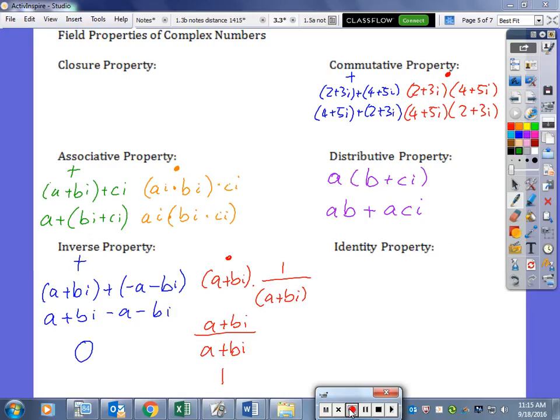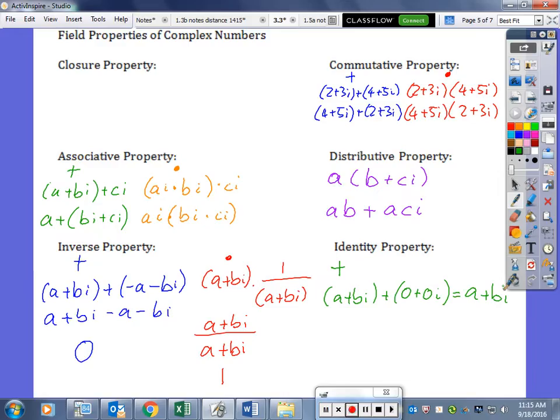The identity property of addition: if we have a plus bi and we add to it 0 plus 0i, of course we will still have a plus bi.